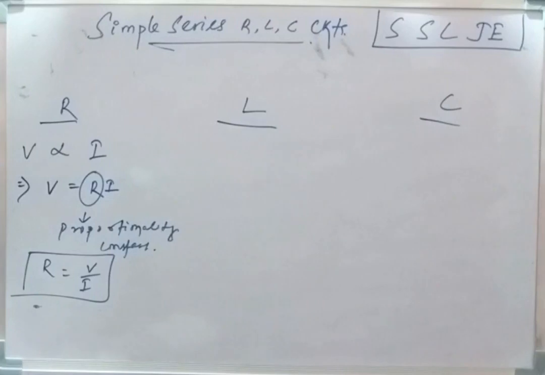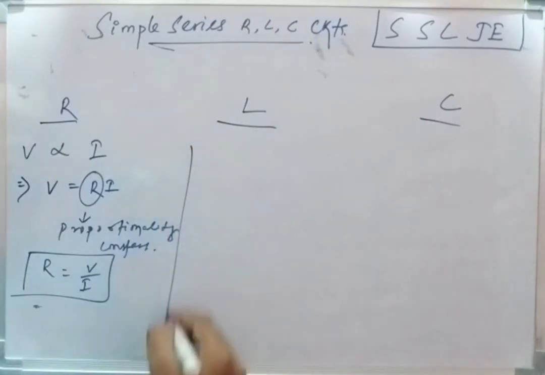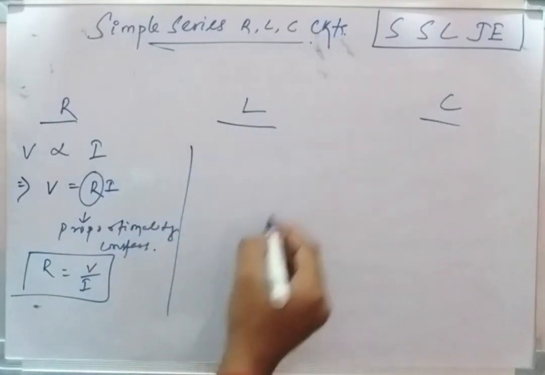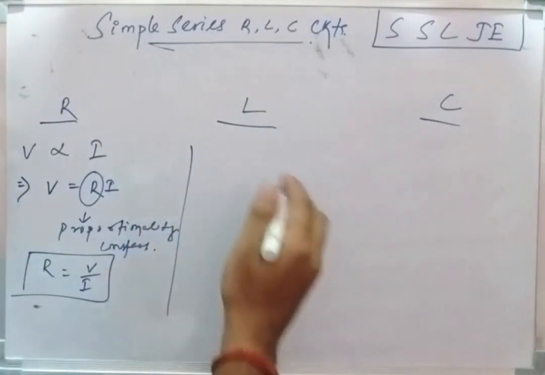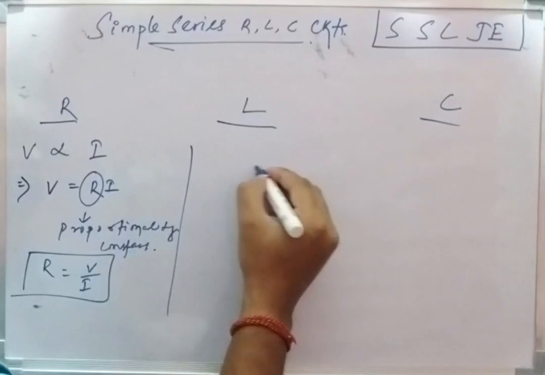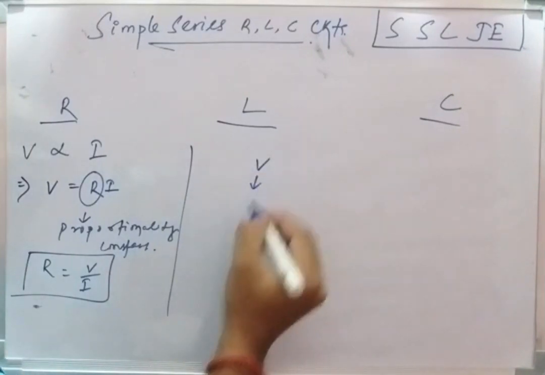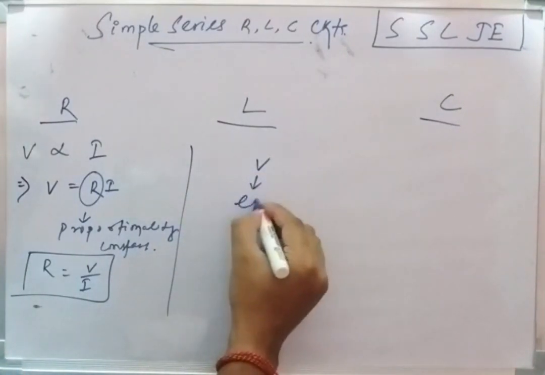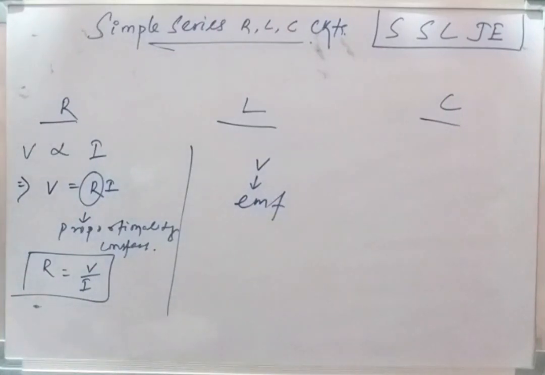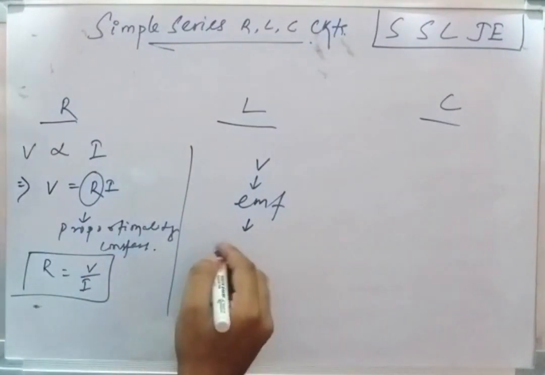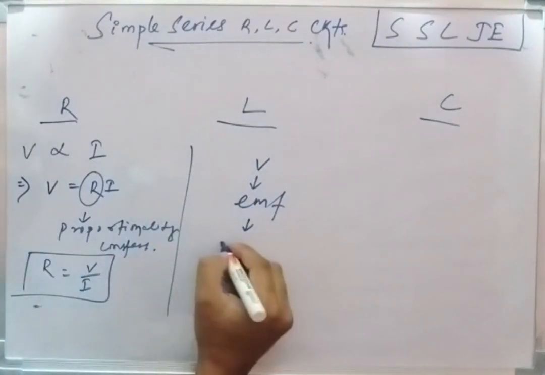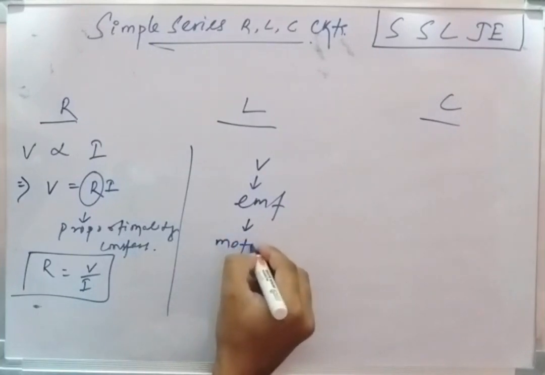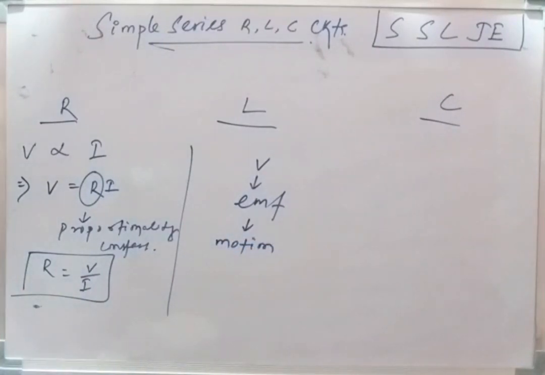If you want to define it in physical form, it will be like this. When a conductor is applied with a potential difference V, there will be an EMF. EMF is nothing but electromotive force. This force will make electrons move randomly, so it will bring motion to the electrons.